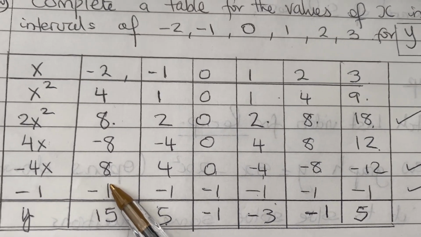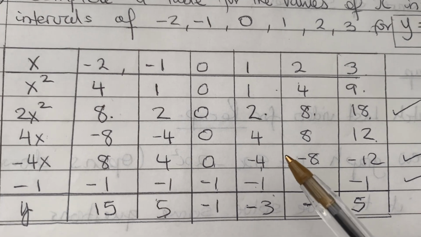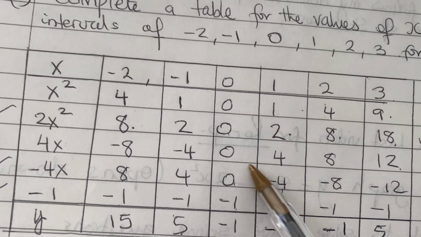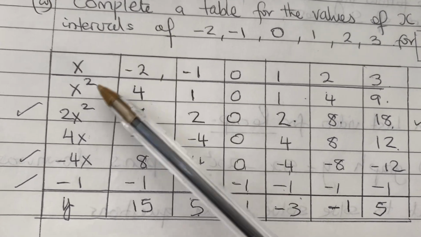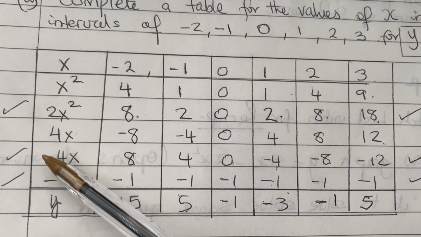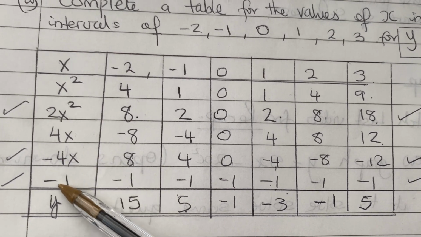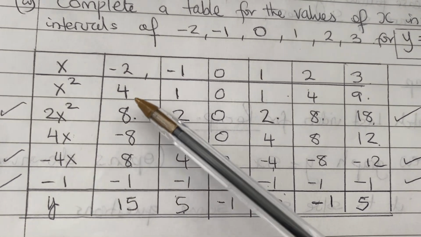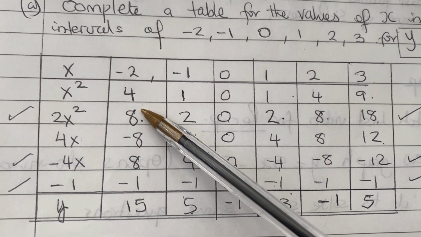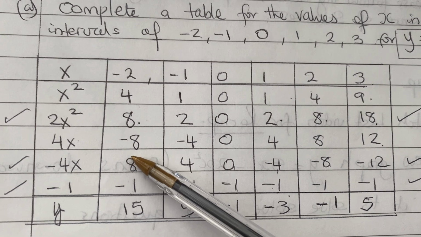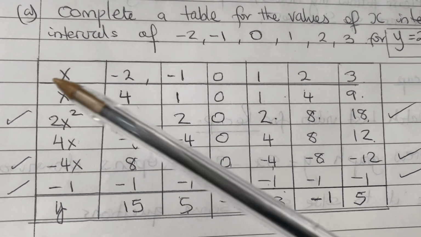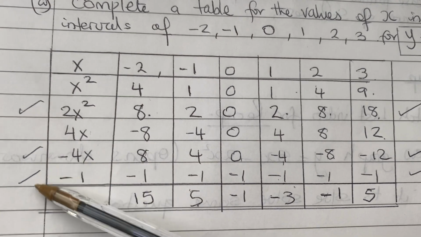So we have minus 1, minus 1, minus 1, minus 1, minus 1. So for x, we need 2x squared, 8, plus 8 is 16, minus 1 is 15. So I've ticked what we want.